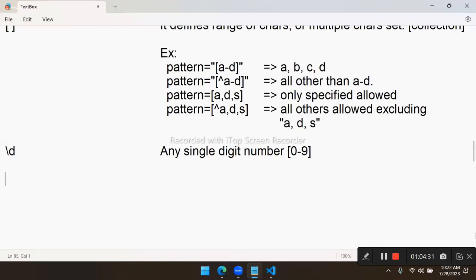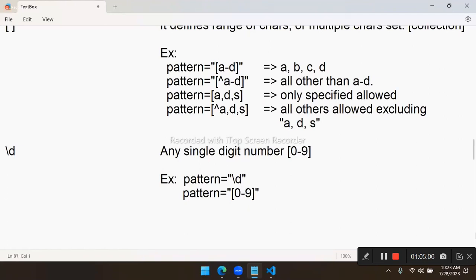And see, I have written in square brace 0, 9. That means you can write the pattern in this way. You can define the pattern as /D, or you can also write the pattern in the square brace 0-9.